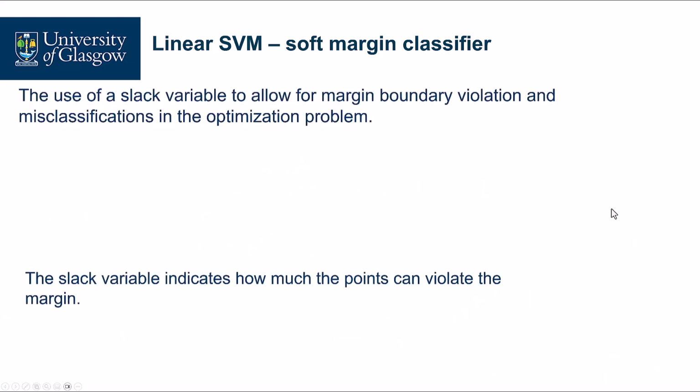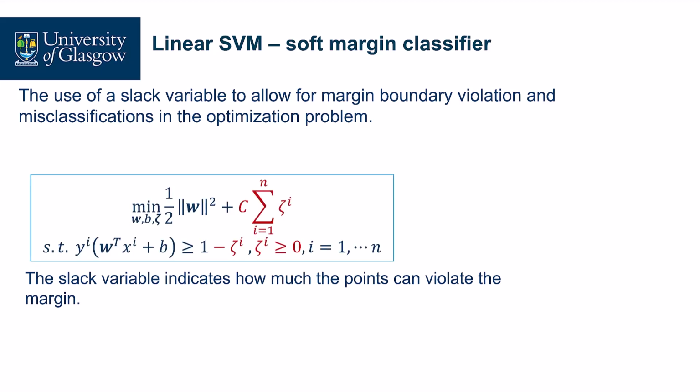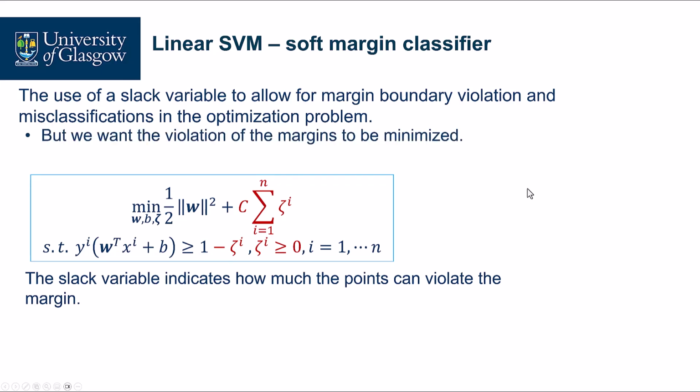First, the slack variable, what is its goal? It indicates how much the points can violate the margin. So we can see it here, the relaxed condition, and we add it here. The goal is that we want the violation of the margins to be minimized, although it is allowed, right?